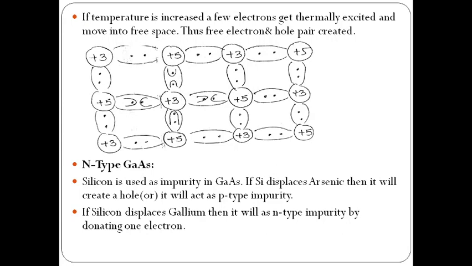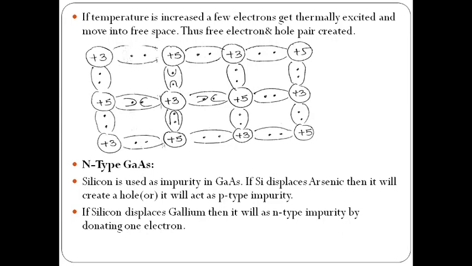So how can we create the n-type material by using the gallium arsenide, and how can we create the p-type material by using the gallium arsenide? Here silicon is used as an impurity in the gallium arsenide. When I consider the intrinsic semiconductors silicon and germanium, to make the p-type materials we use third group and fifth group elements.